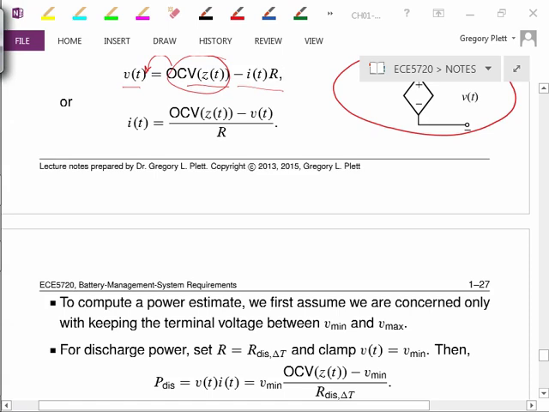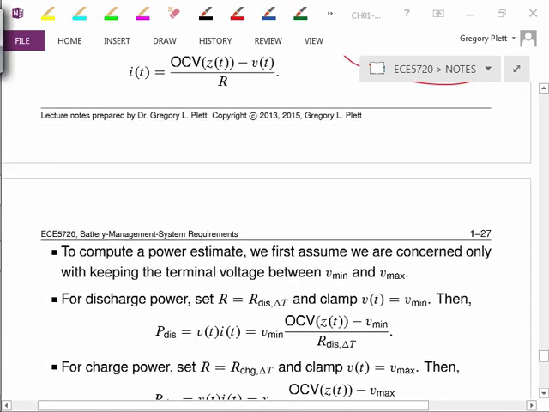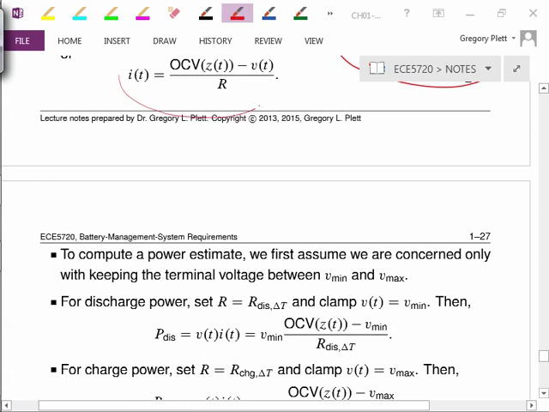To compute a power estimate, we're going to assume that the design limit that I can't exceed is a terminal voltage limit, and I have to keep the terminal voltage between Vmin and Vmax at all times. So for discharge power, we are going to use this expression for current. We're going to say power discharge equals the terminal voltage of the cell times the current.